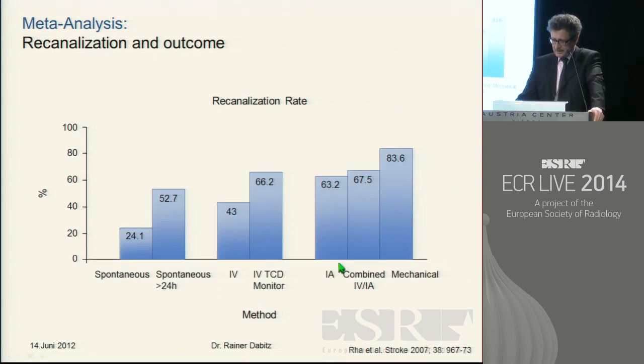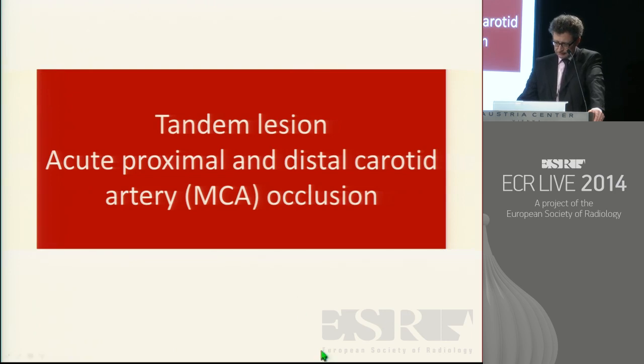If we compare the intravenous recanalization, it is 43% in these patients, while intraarterial treatment is better, and combined IV and arterial treatment is a little bit better, and mechanical recanalization is much better, reaching recanalization rates of 80%, and I dare to say maybe 90% with new instruments we have.